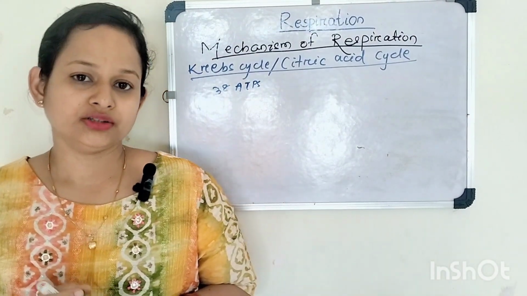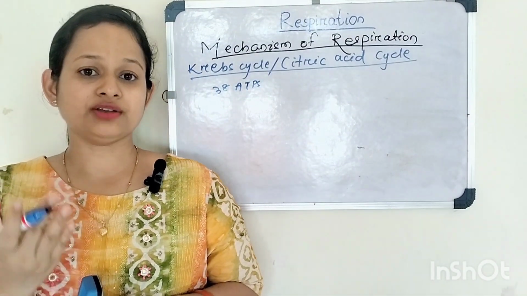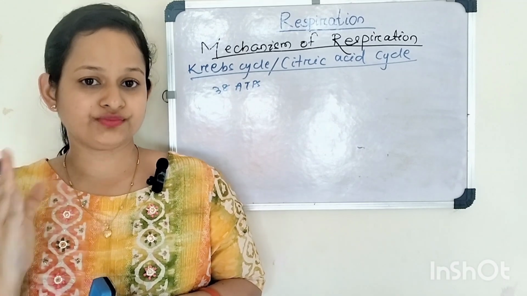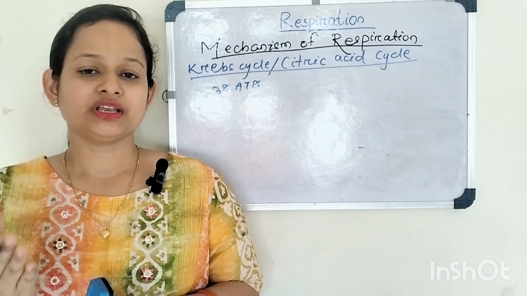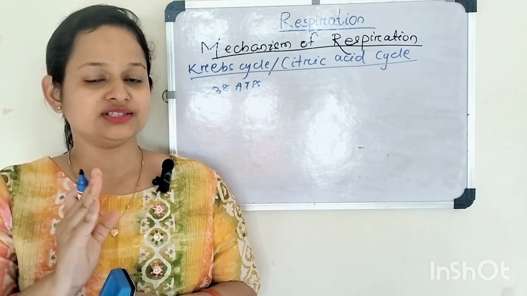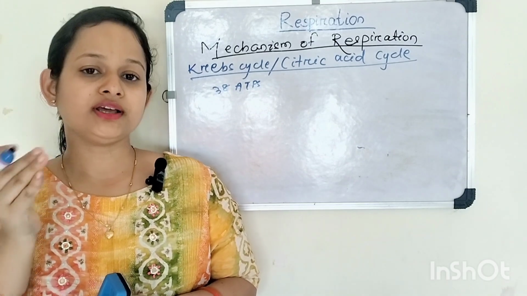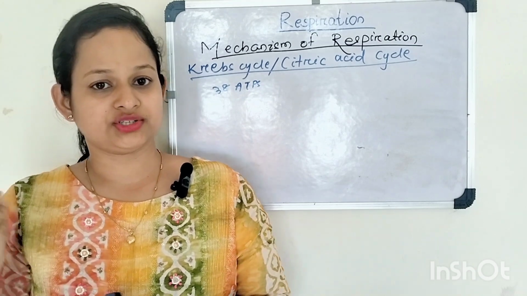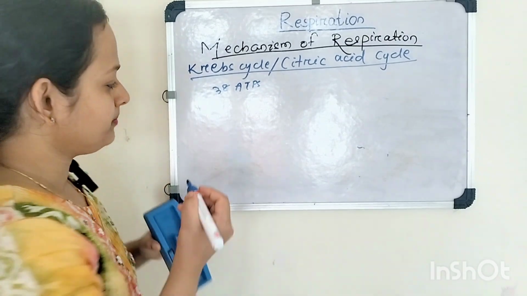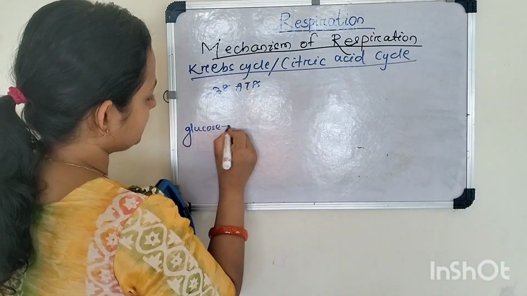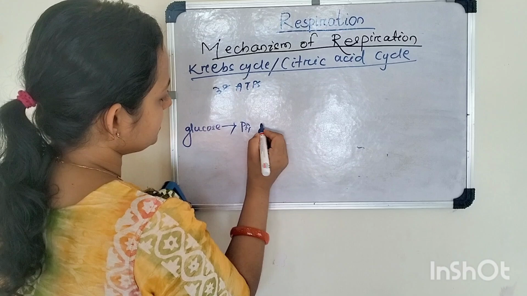So we can say there are three pathways of glucose breakdown: one in the presence of oxygen, another in the lack of oxygen, and another in the absence of oxygen. We can write the equation: glucose gives rise to pyruvic acid.